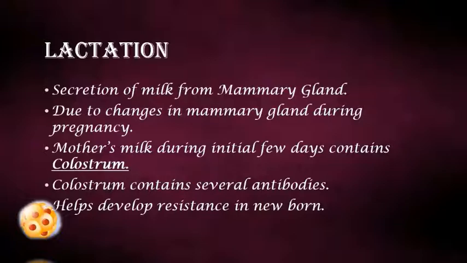This is a yellow colored liquid. Colostrum contains several antibodies. It helps the child to develop resistance since it does not have any antibodies of its own. So that is why mother's milk is highly recommended for the health of the newborn child.